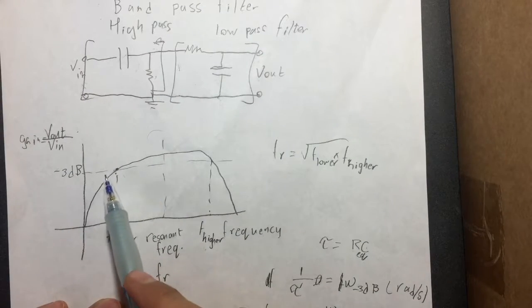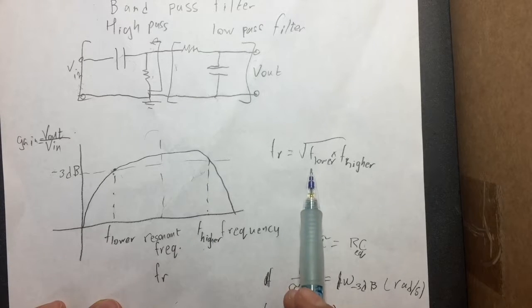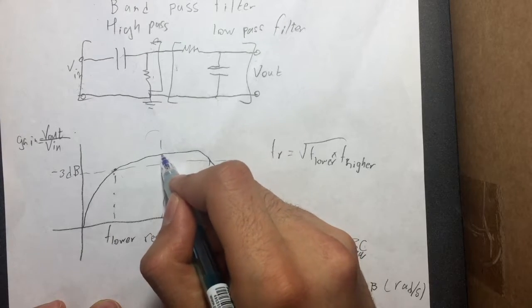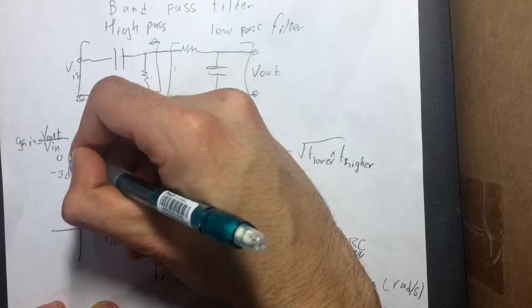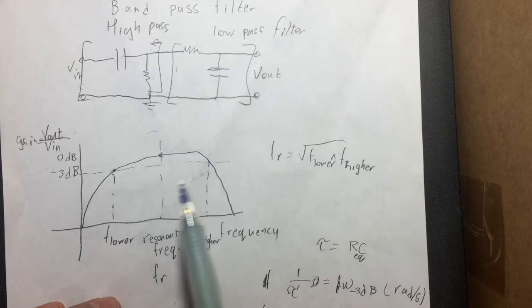So as soon as we find the cutoff frequency here and here, we multiply them together and take the square root in order to find the peak resonant frequency at this point, which occurs at 0 decibels. The gain between the output and the input is 0.